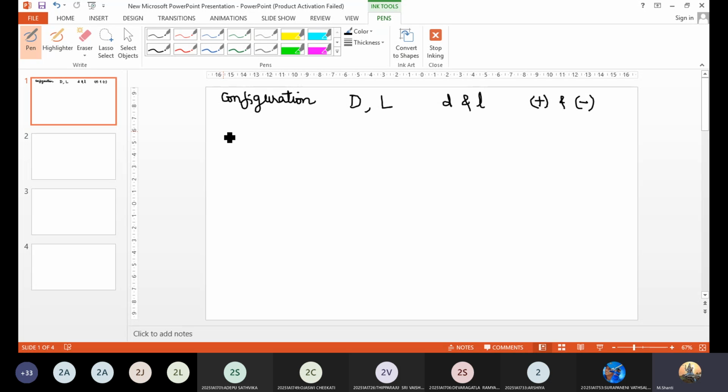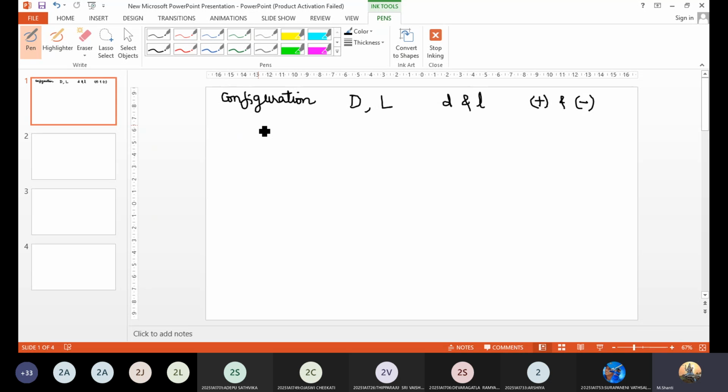From yesterday's class, there is a kind of representation we have assigned for molecules with the help of the polarimetric experiment. What was that? Let me see how many of you remember this topic. From the polarimetric experiment, we have assigned the molecules as dash and dash.